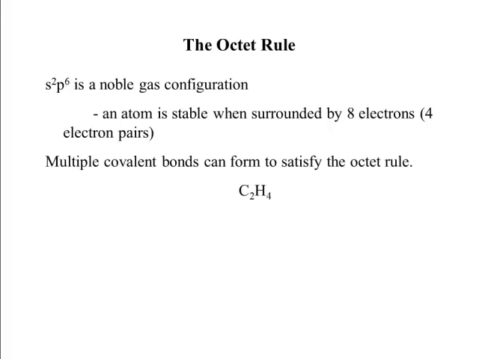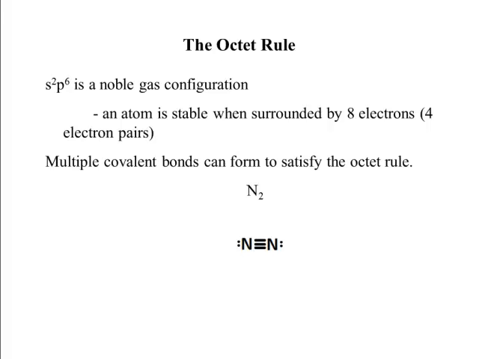Okay, we could look at C2H4, which looks like this. Carbon has a double bond to another carbon. That's 4 electrons shared between them. And then each carbon has a bond to 2 hydrogens. So that's another 4 electrons shared. So each carbon has 8 electrons around it. If we look at N2, N2 has a triple bond between the nitrogen atoms.